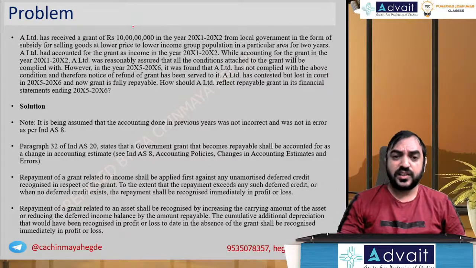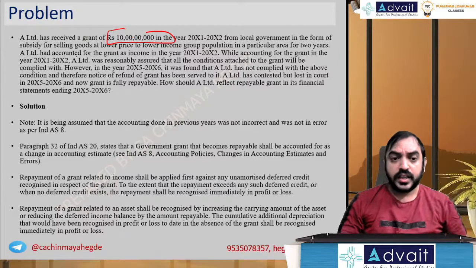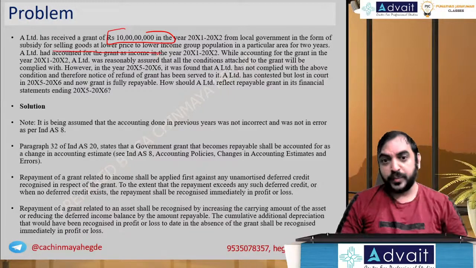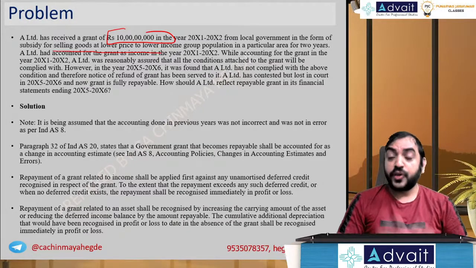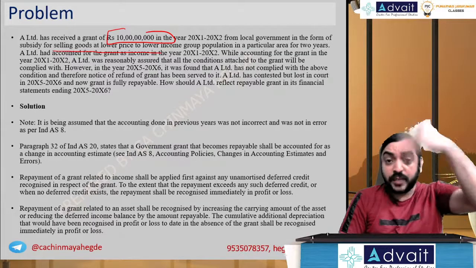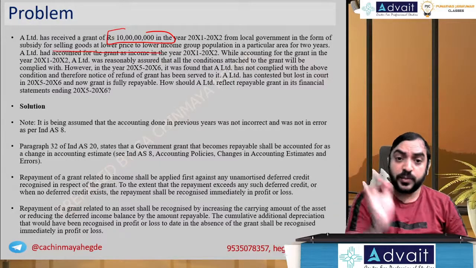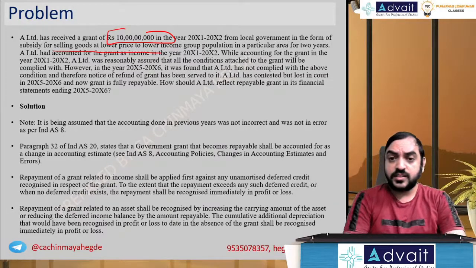That is basically a subsidy, like a grant you can say, but that is on a per unit basis. But in this case, you have received a full amount, 10 crore, for selling goods at a lower price to lower income poor people in a particular area for 2 years. A Limited had accounted for the grant as income in the year 2001-2. While accounting for the grant in that year, A Limited was reasonably assured that all the conditions attached to the grant would be complied with.